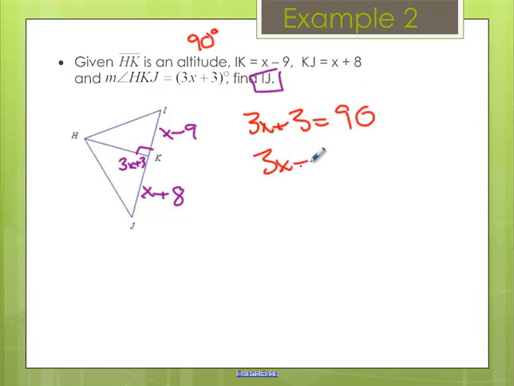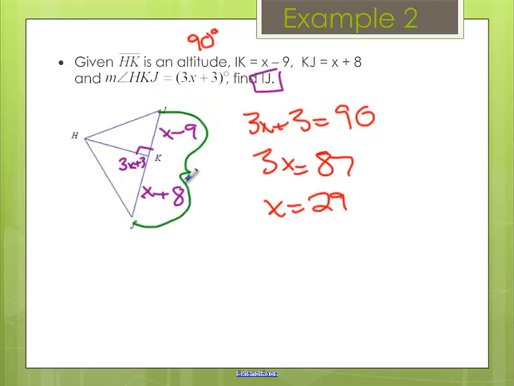Subtract 3 from both sides. Get x's. That's not right. Let's try that again. 3x equals 87. So x is 29. Got ahead of myself there. Alright, now I'm going to take 29, and my goal is to find IJ, which is this entire segment.